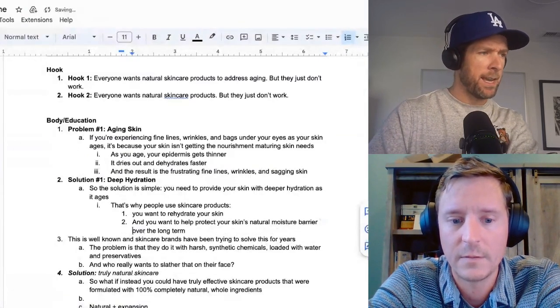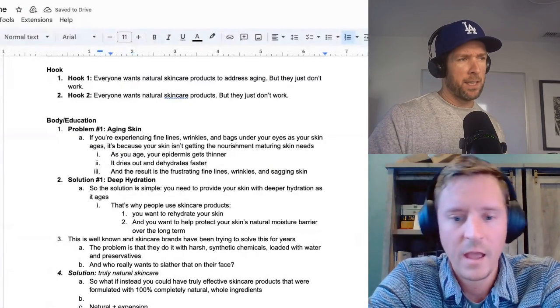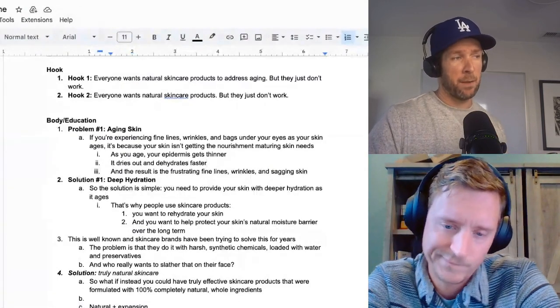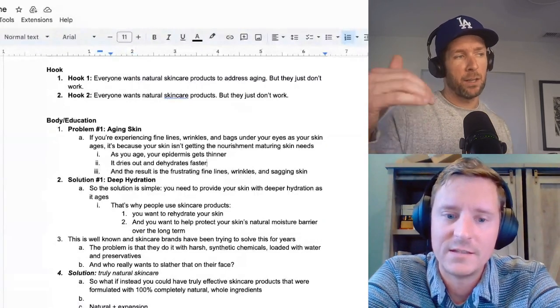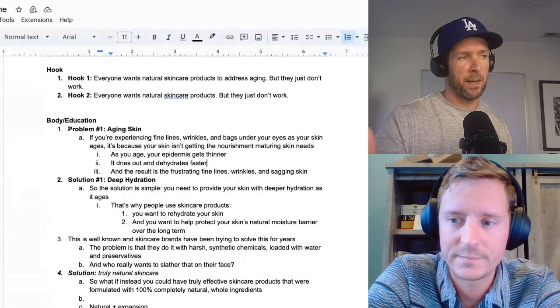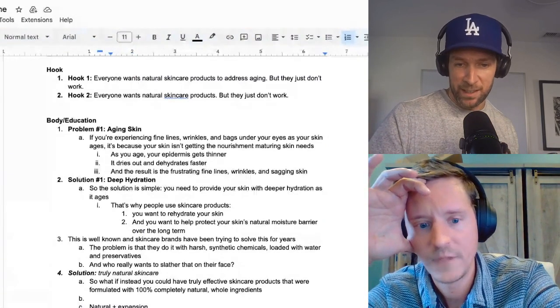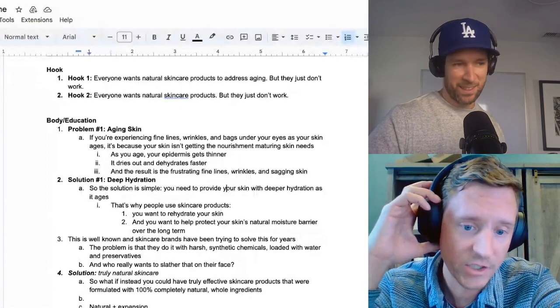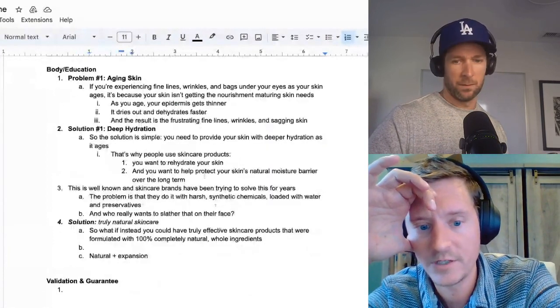So do we want to say anything about the natural moisture barrier in the problem section here? So if your skin dries out and dehydrates faster, is that in part because as your epidermis gets thinner, it dries out and dehydrates faster, and your skin's natural moisture barrier is less effective or something? No, actually, one of the ways that people most commonly strip their natural moisture barrier is with other products.